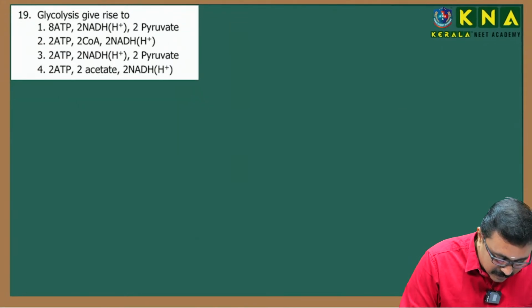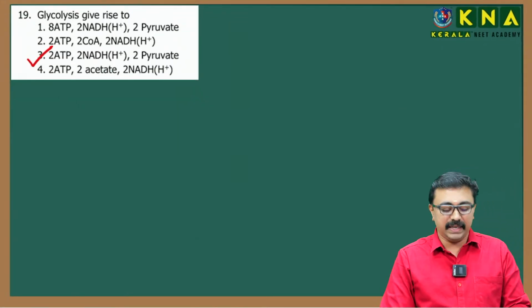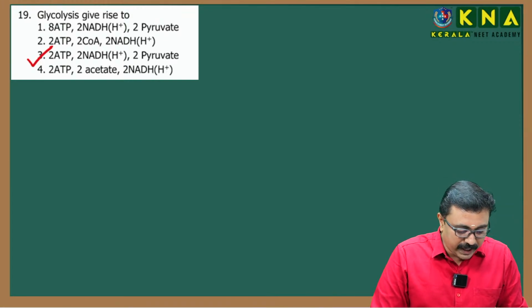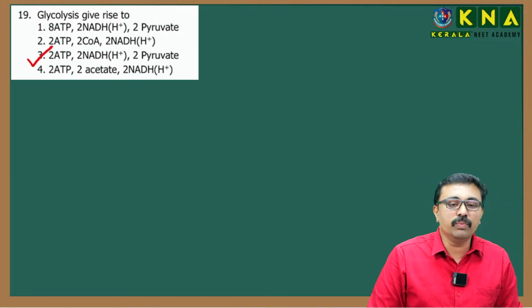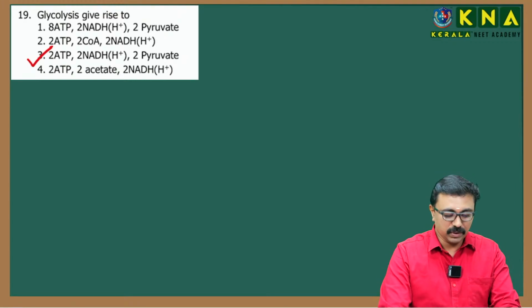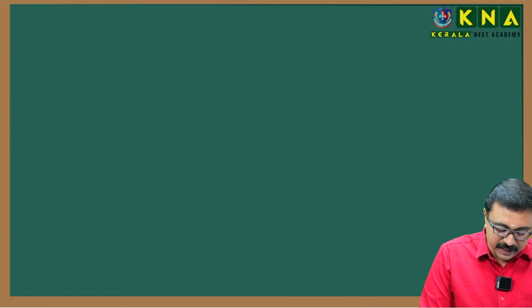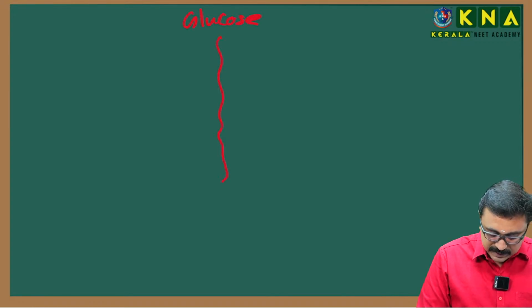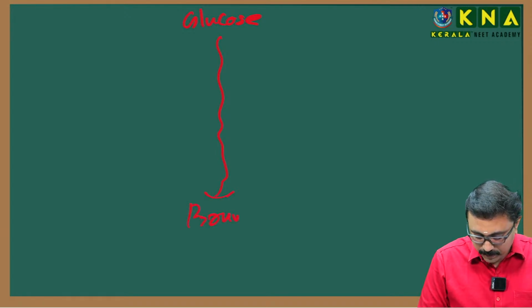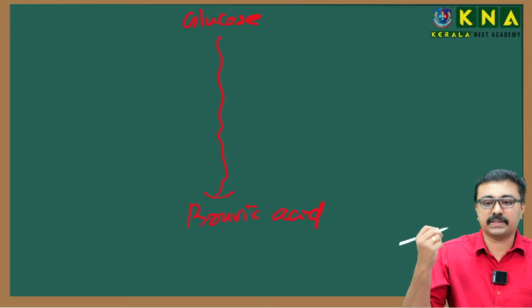Glycolysis gives 2 direct ATP, 2 NADH and 2 molecules of pyruvate. Okay. So let's check the answer. We all know that in glycolysis, glucose is converted into pyruvic acid.